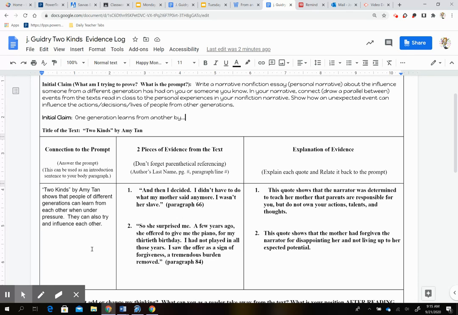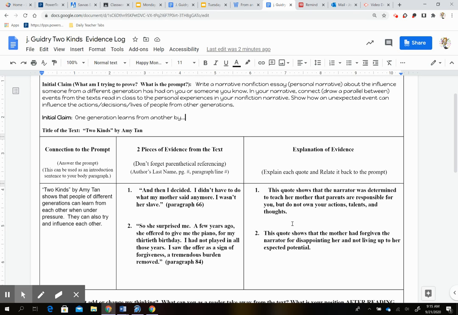They felt that this was important or related back to the text because this quote shows that the narrator was determined to teach her mother that parents are responsible for you, but do not own your actions, talents, and thoughts. Because here is where the narrator is becoming her own person. She is teaching her mother that she feels like she has limits, so she's not going to be able to do all of the things that her mother believes that she can do.